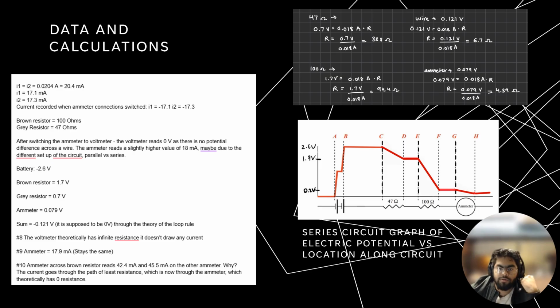So the 47 ohm resistance, we calculated 38.8. For 100 ohm resistance, 94.4. For the wires, which should technically not have resistance, we got 6.7, or what we had assumed had no resistance. And the ammeter, which should also have no resistance, 4.89.